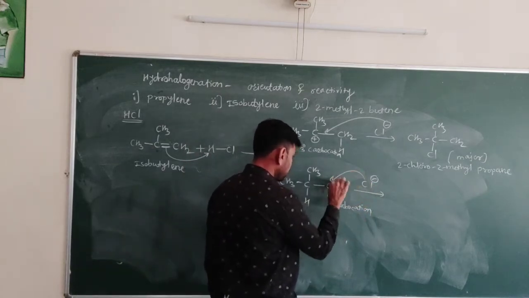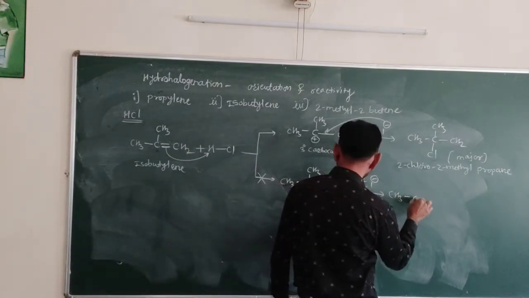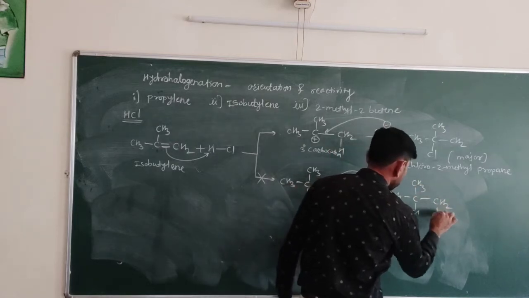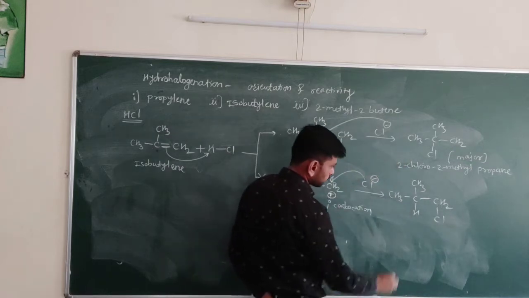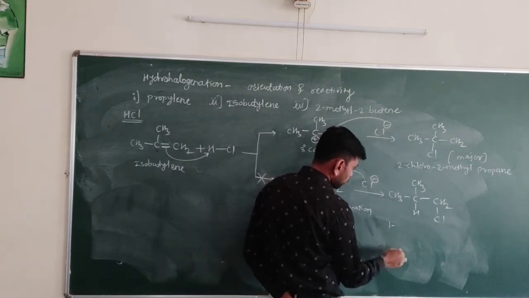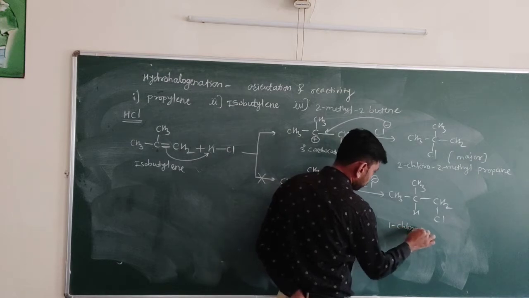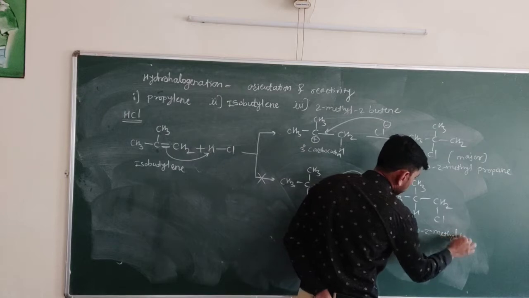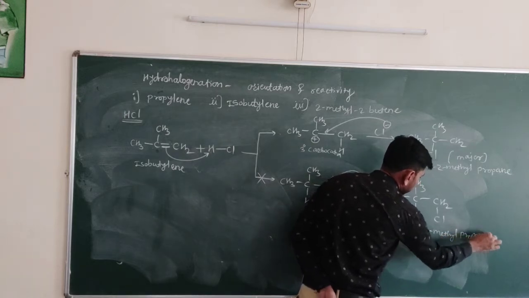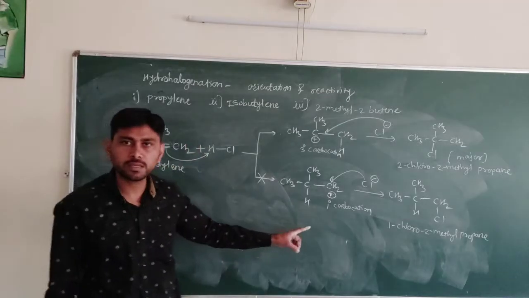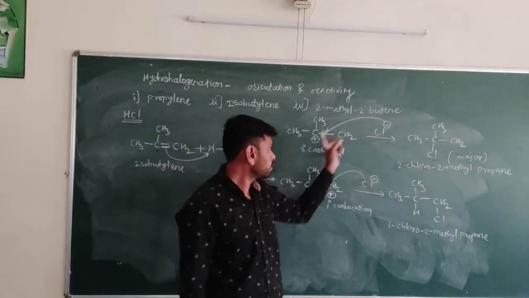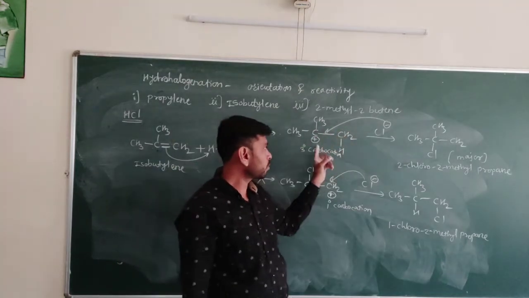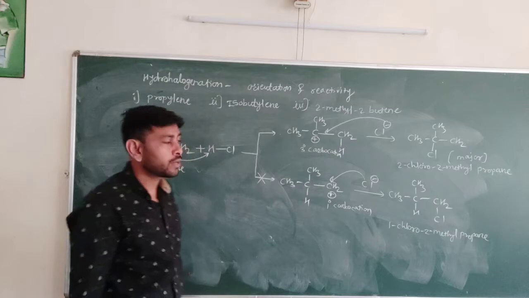Here, attachment of this base gives CH2Cl, 1-chloro 2-methyl propane. So in this case also we obtain the tertiary carbocation, which is stable, and the product obtained from the tertiary carbocation is a major product.